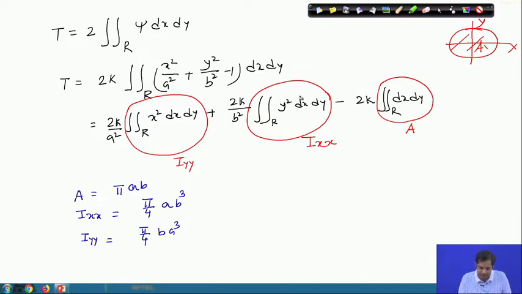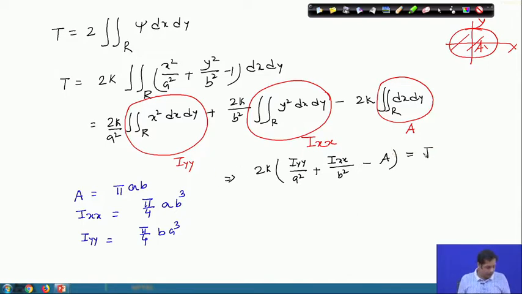If we substitute Ixx and Iyy in this expression, it becomes 2k into Iyy by a square plus Ixx by b square minus area. So, this is equal to T.